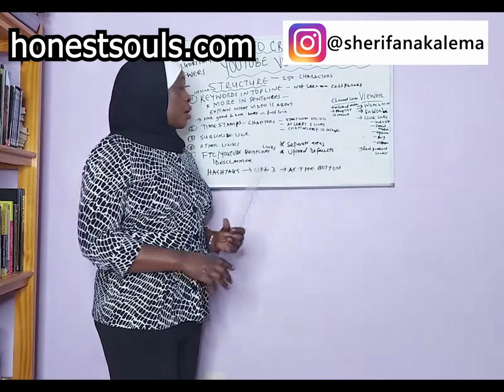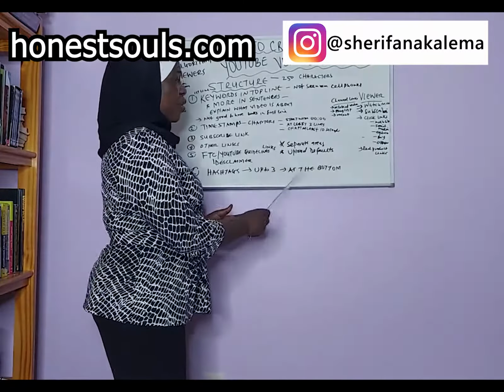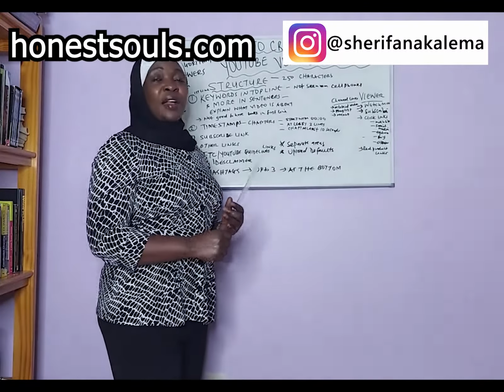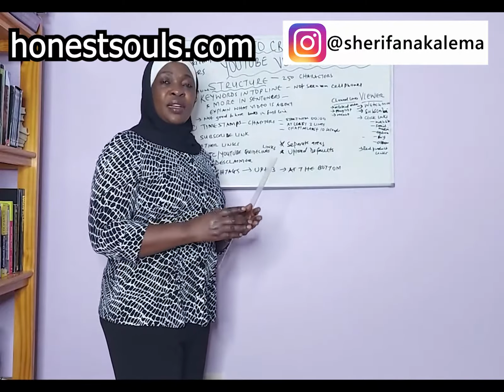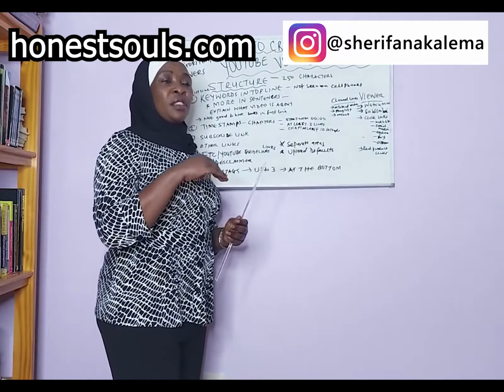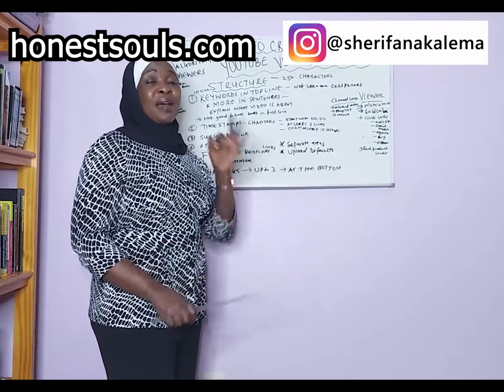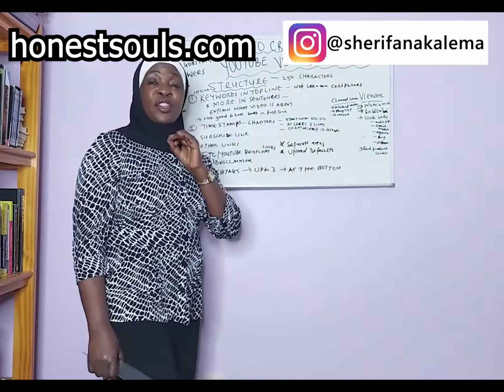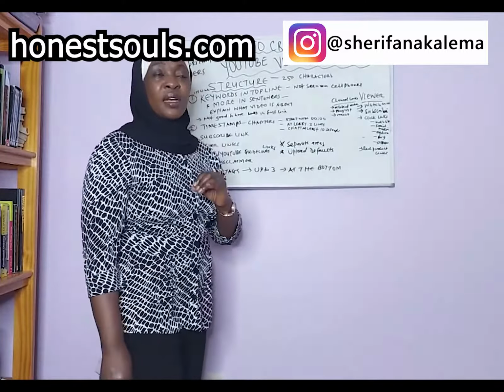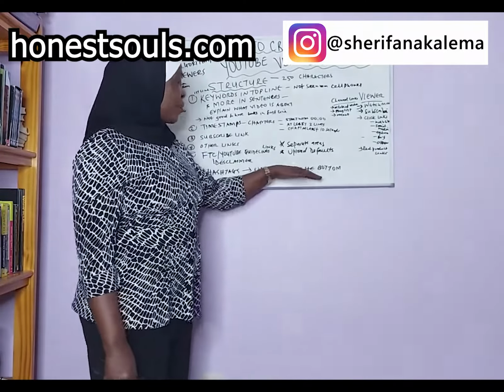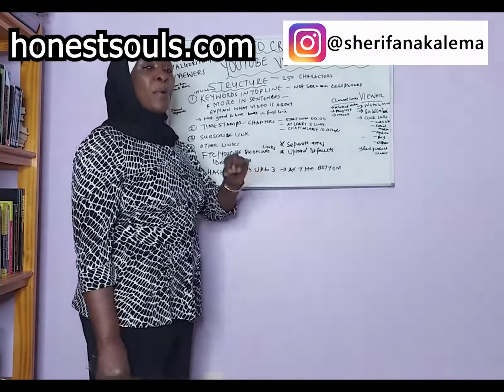Then the last line you have in the description are hashtags. So these hashtags are what you want your video to rank for. They say a maximum of 3, and sometimes you could add your name, like your name as a hashtag. They are at the very bottom of the description.